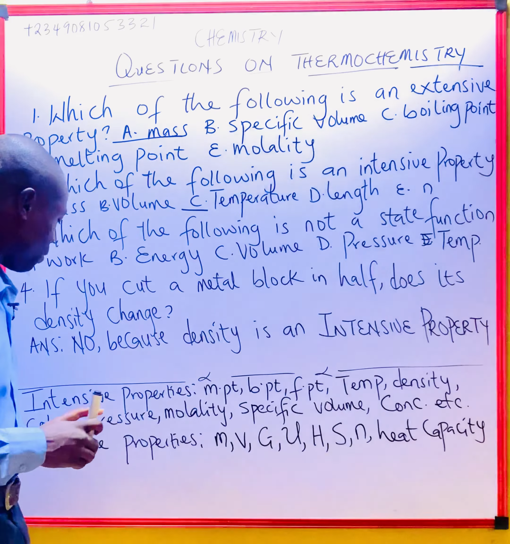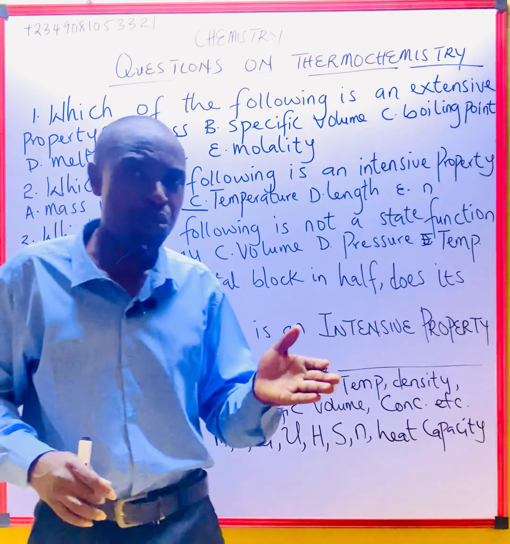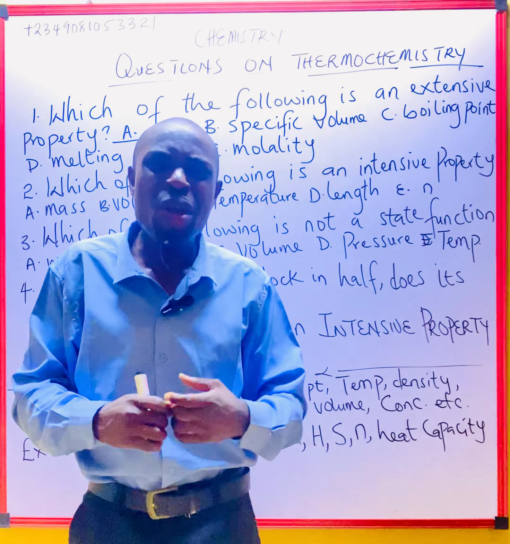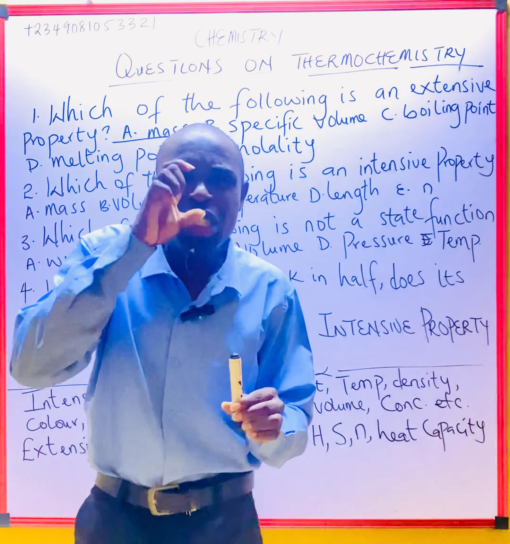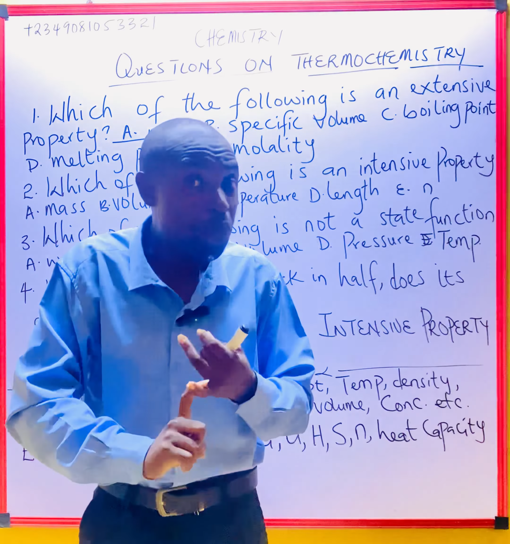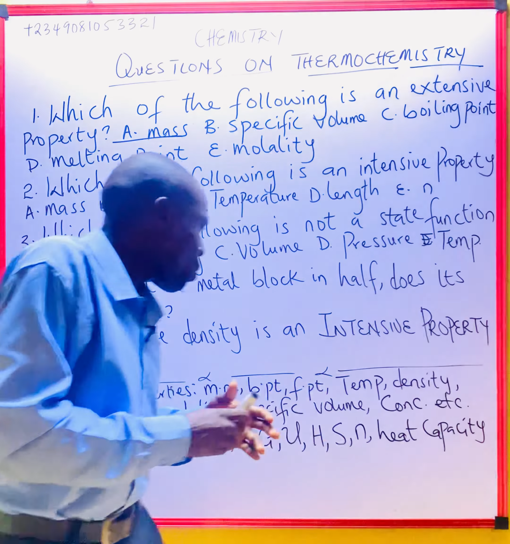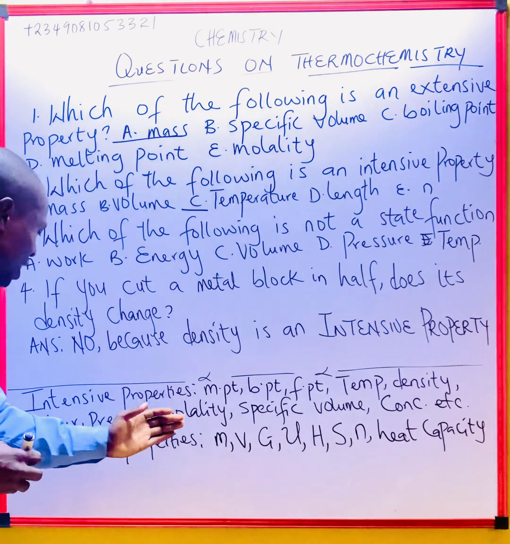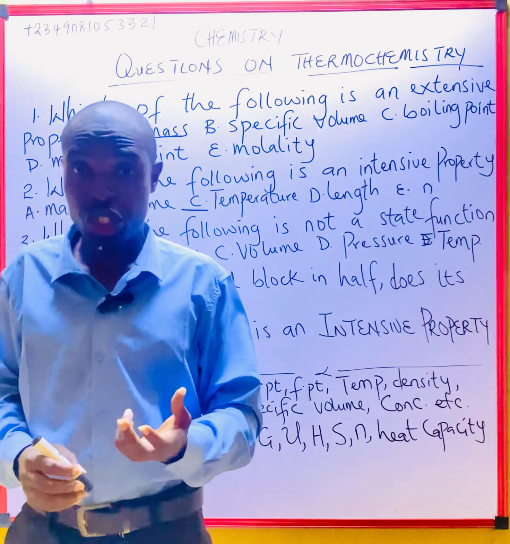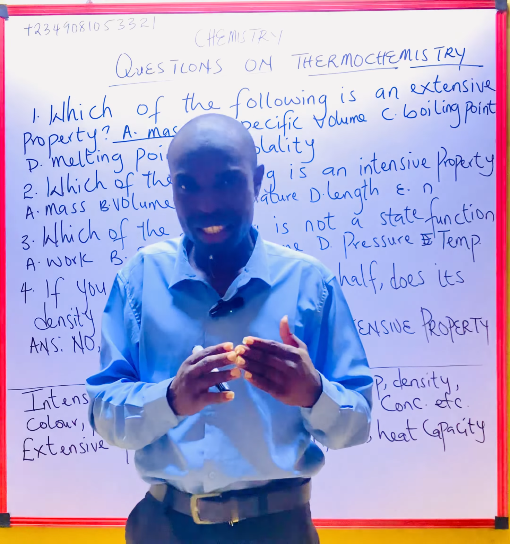Examples of intensive properties, we should take note: melting point, boiling point, freezing point, viscosity, concentration, specific heat capacity, specific volume, molality, color, and pressure. Is that clear now? These are examples of intensive properties.